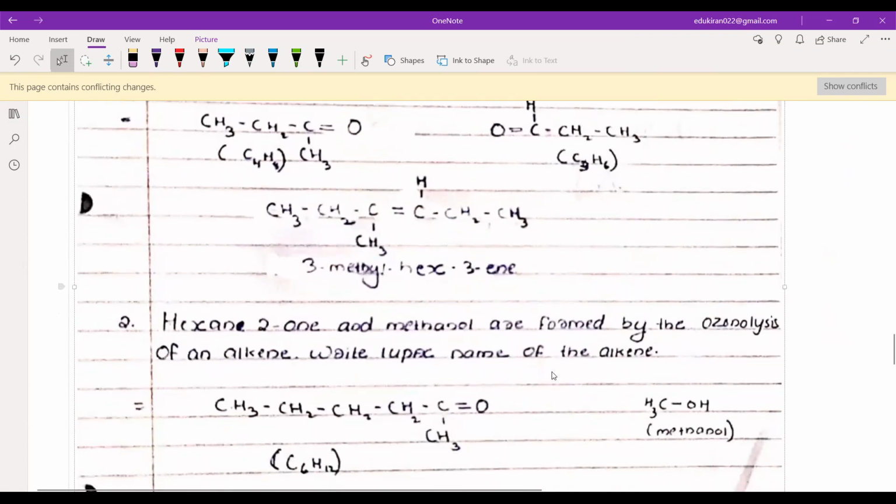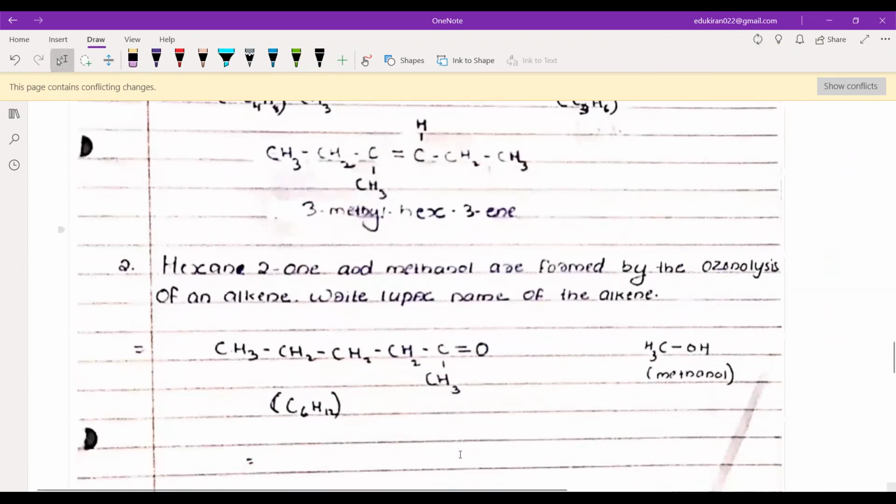Let's see. 1, 2, 3. This will be 1, 2, 3, 4 methyl. No? Oh no, this can be 1, 2, 3. Yeah, fine. 3-methyl and 3A. Correct.